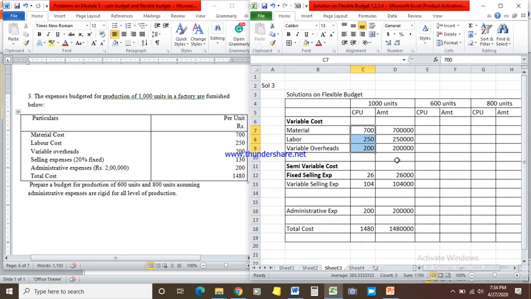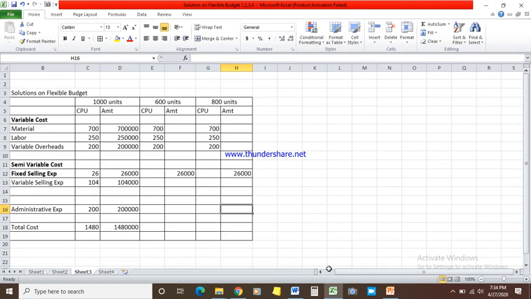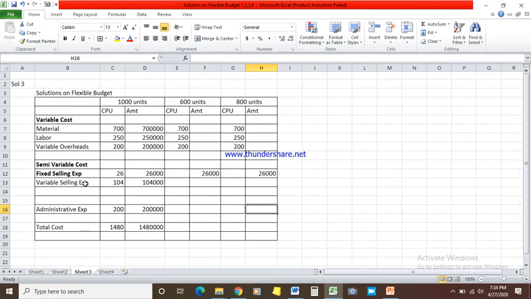Now what happens in case the company goes for 600 units and 800 units? The variable cost per unit is going to remain the same. Under the fixed selling expenses, the total amount of 26,000 is going to remain the same. Similarly, the variable selling expense per unit is going to remain the same, 104.